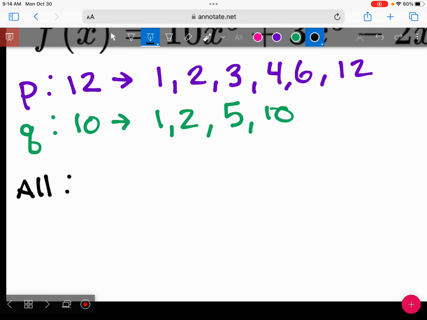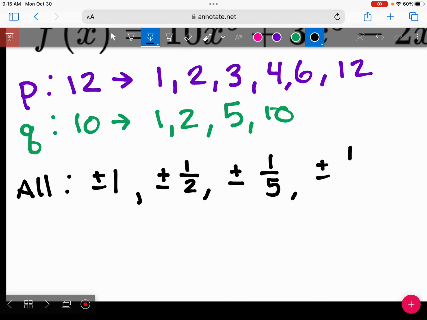So our all possible options, I'm going to do my 1 first, so 1 over 1, so plus or minus 1, 1 over 2, plus or minus 1/2, plus or minus 1 over 5, plus or minus 1 over 10. So we're going to have fractions.